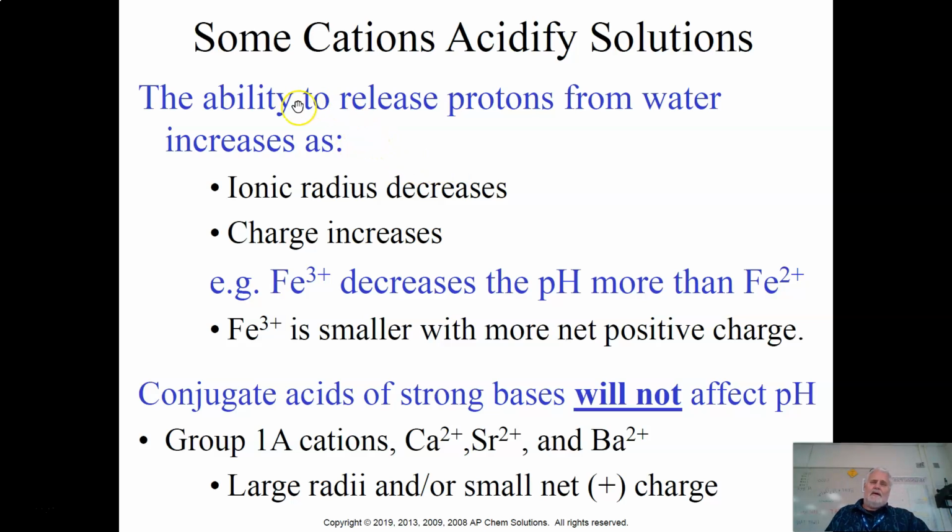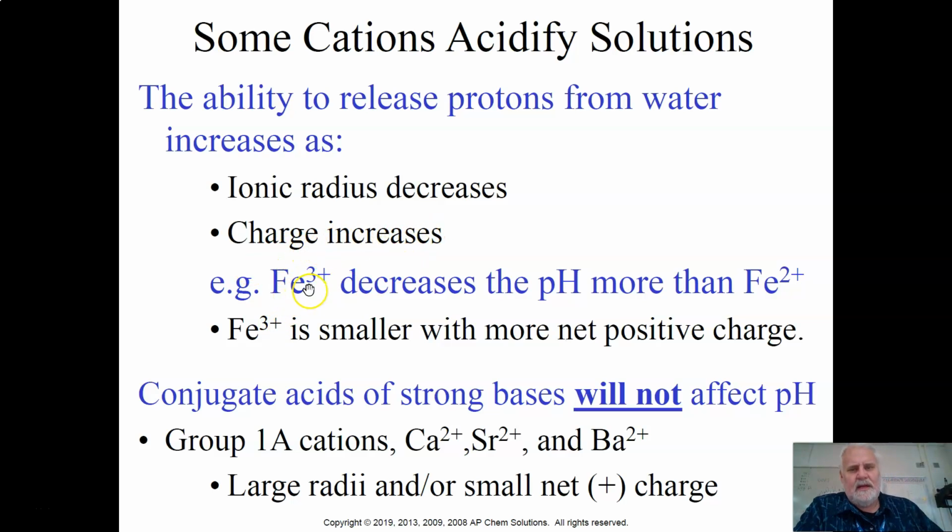Okay, now here are more examples of cations acidifying solution. The ability to release protons from water will increase as the ionic radius decreases. So the smaller ions will have the stronger ability. And of course, as the charge increases.